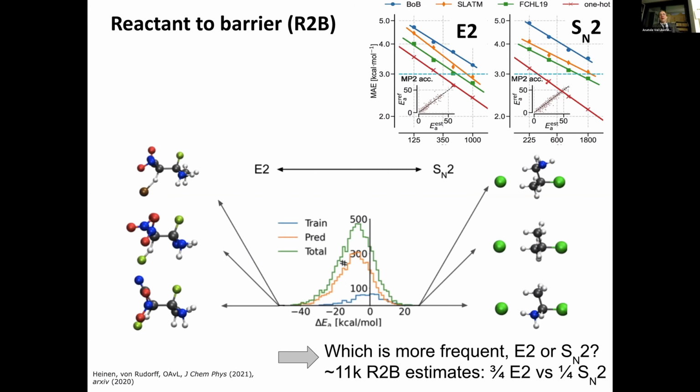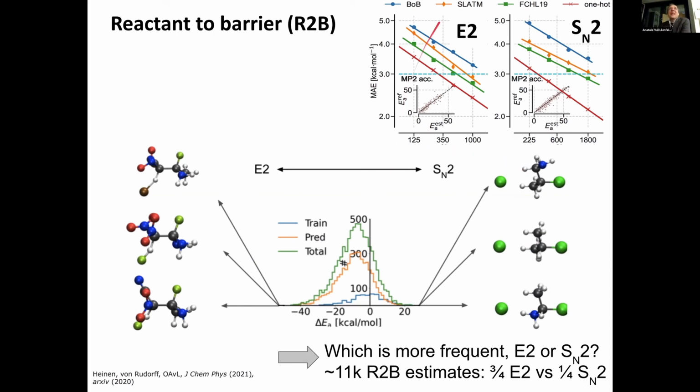Now, with one hot encoding, apparently you get the best machine learning model. And this was an interesting finding. If you apply the same machine learning model to the atomization energy, let's say, or the total energy of the equilibrium structures, you would find the reverse trend. So one hot encoding would be the worst representation.